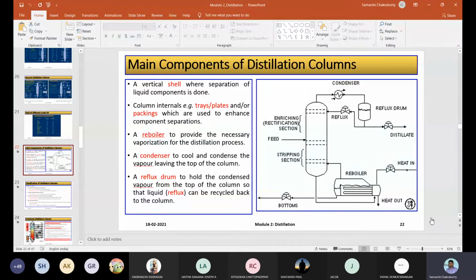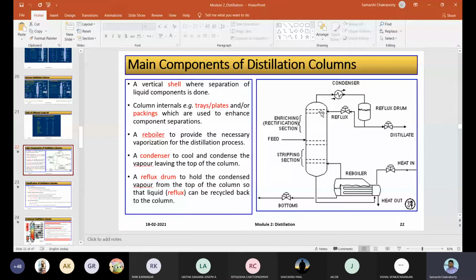Sir, what happens exactly in puking actually? Puking, what happens is, I have already shown you, you can consider this dashed line as a tray. On top of it you will have some amount of liquid which remains at the top of this tray.